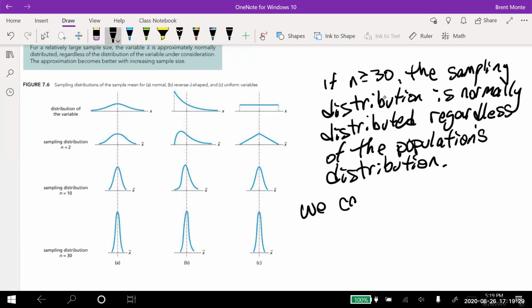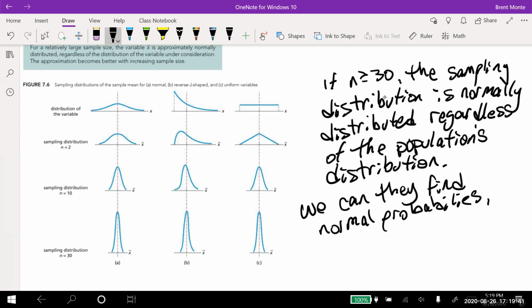And we'll say we can then find normal probabilities, or run tests that require normal distributions.